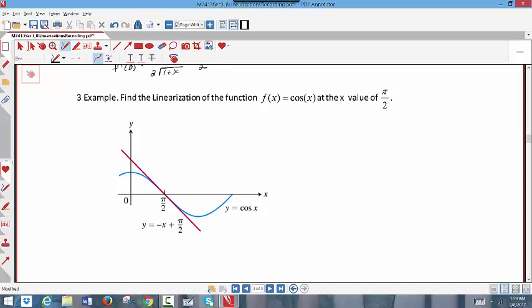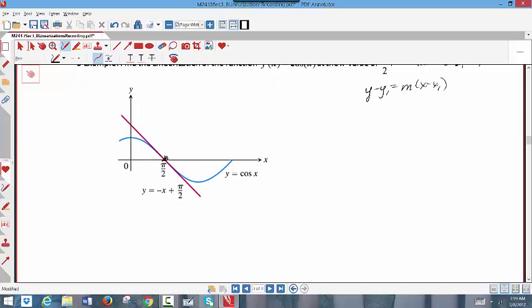So again, to find my L of x, I just need two things. I need a point, and I need the slope. Okay, well the point is pi halves something, and then the slope is the slope of the tangent line at that point. Okay, so here's the point right here. It looks like it's pi halves 0, but I should not just guess from the graph.